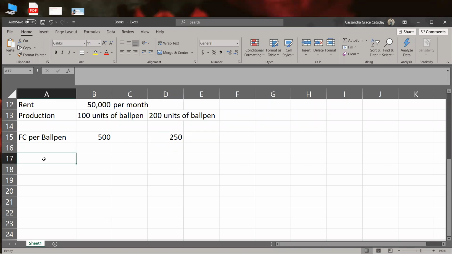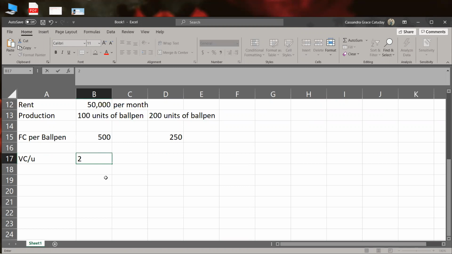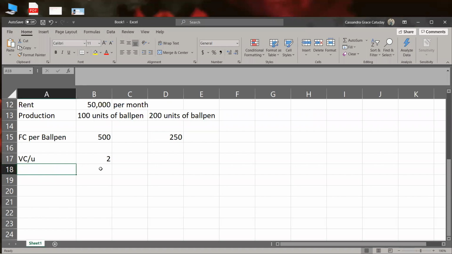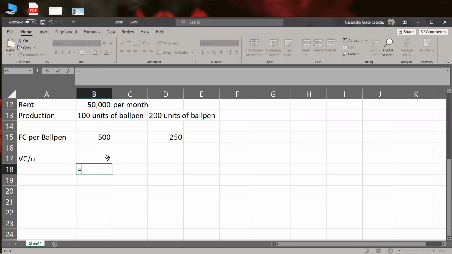Whereas kung ha variable cost, signon ta variable cost per unit, constant lahiya nga tag 2 pesos per tube hand ink. Tapos mag-produce kita hin 100 units liwat na ballpen. 2 times 100 liwat, tag 200 ang total variable cost.